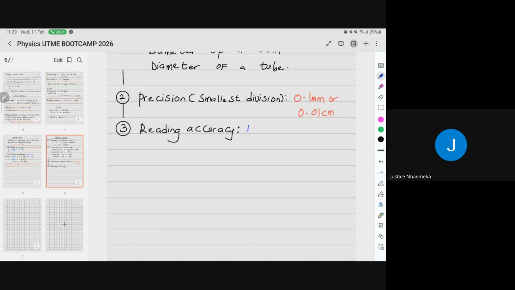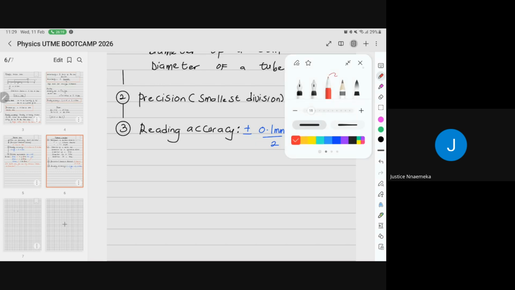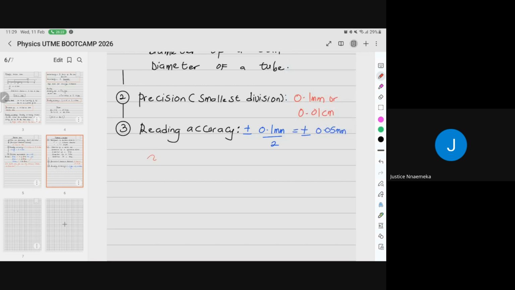So this will be plus or minus 0.1 millimeter divided by 2, which is equal to plus or minus 0.05 millimeter, right? So the reading accuracy will now be equal to plus or minus 0.05 millimeter.